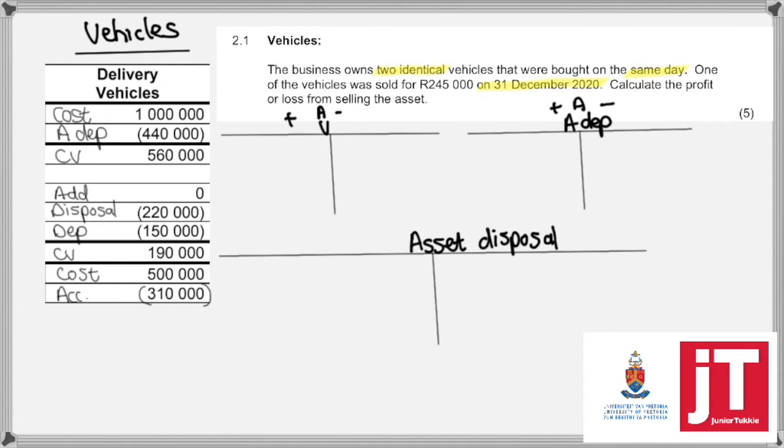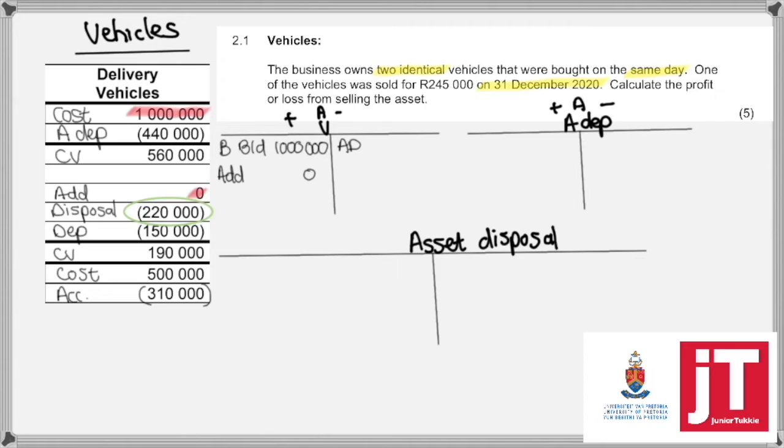I always use T accounts to solve a problem in accounting. If I look at vehicles, we have a balance in the beginning of 1 million. Additions, they were nothing. Again, do not use the asset disposal, the 220,000.